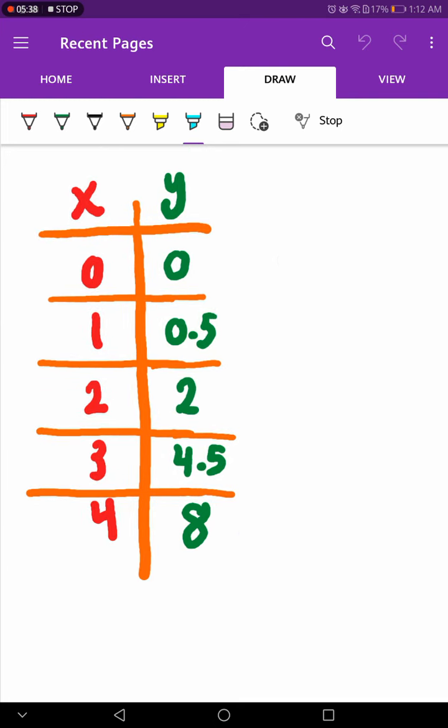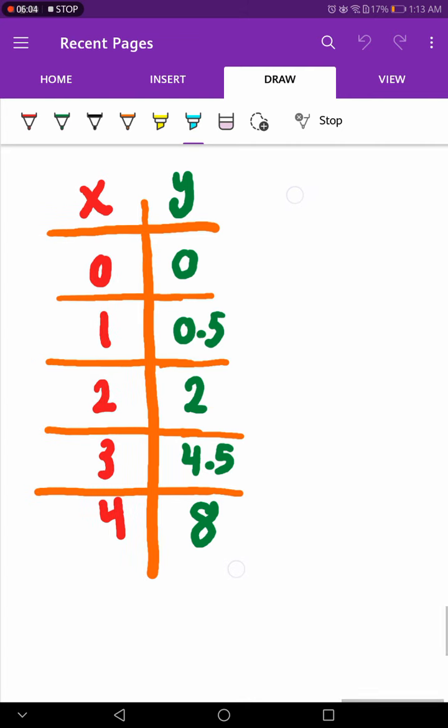Now you see here the y values are 0, half, 2, 4.5, 8. It is a weird pattern. I cannot figure out the pattern from those numbers, and no Messi, no Cristiano, no Abdul Razak, no Salim Al Dosari pattern can help me here.